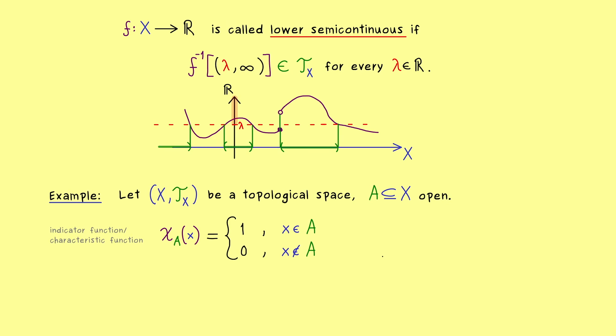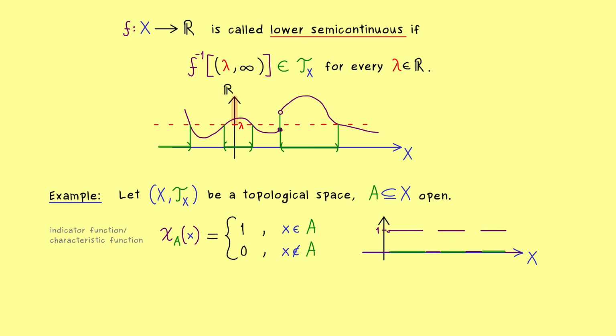And now, because we only have two values involved here, the graph of the function is also easy to visualize. Perhaps we just consider the case that A consists of 3 parts, and then A looks like this on our x-axis. And then if we have the value 1 here, we also find the lines of the graph there. And obviously all the other points are just sent to 0.